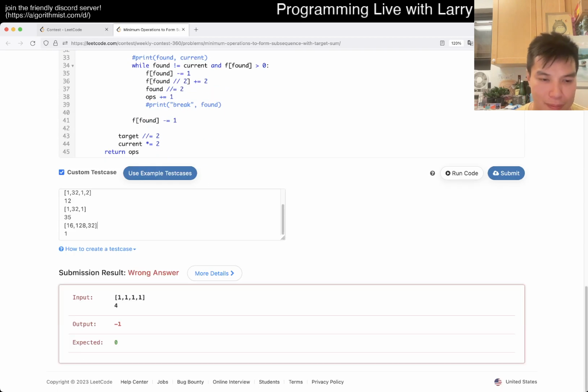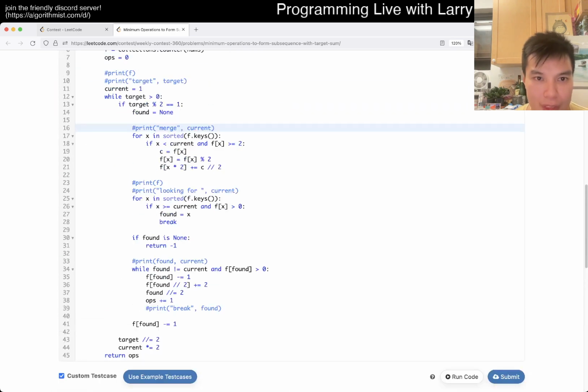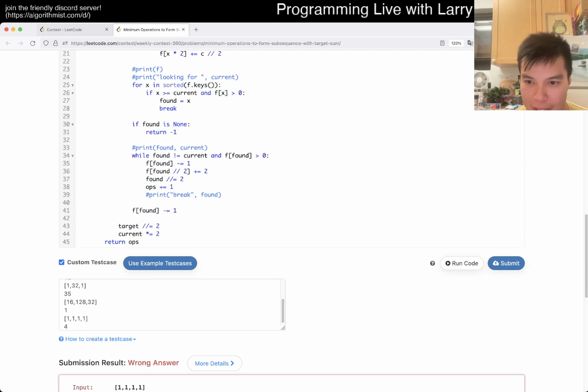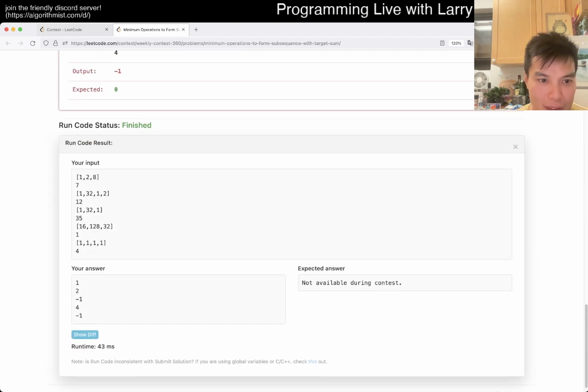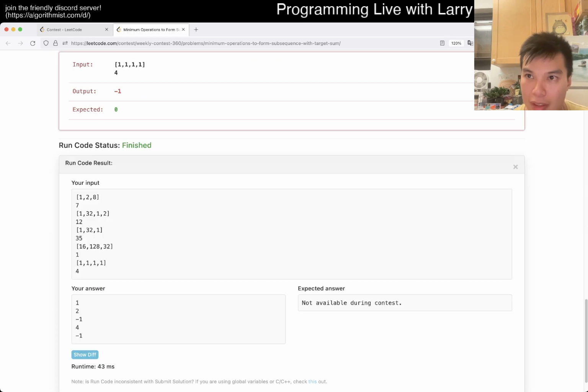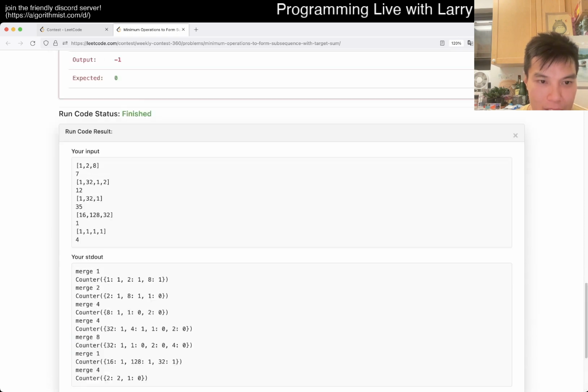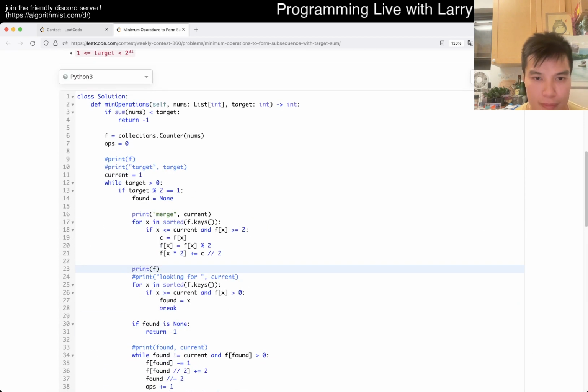Well. Wait, why? Oh, this is equal to then. Whoops. It's still wrong though, but I don't have time to debug this. I mean, I feel like I'm close, but 2.